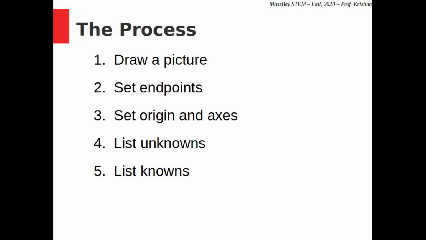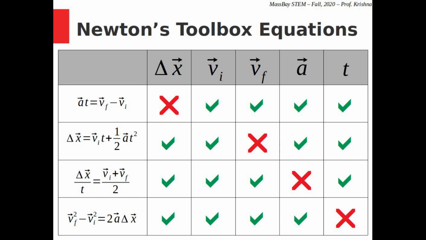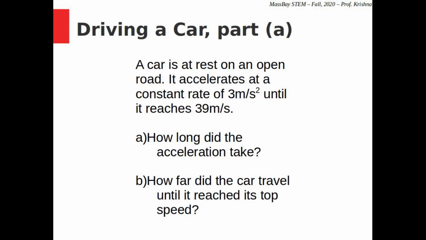Step 5 is to list the known quantities. Remember, each kinematics equation contains 4 of the kinematics variables, so you will need to be given the values of 3 of the kinematics variables in the question. It accelerates at a constant rate of 3 meters per second squared. That's an acceleration.